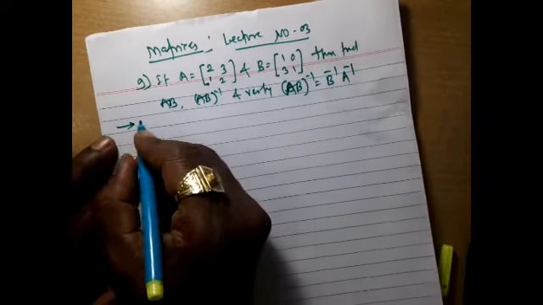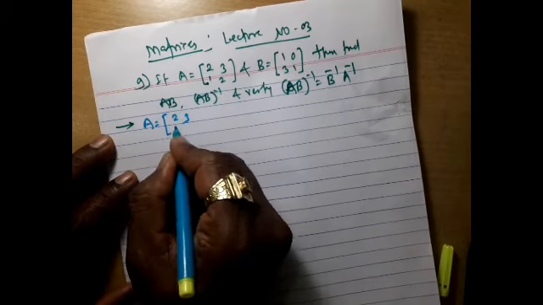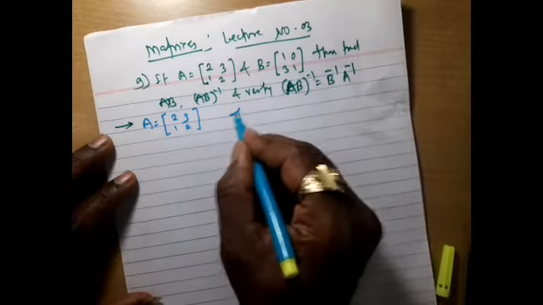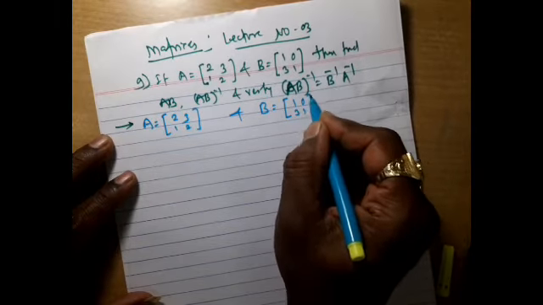Now given A is equal to [2, 3; 1, 2] and B is equal to [1, 0; 3, 1].